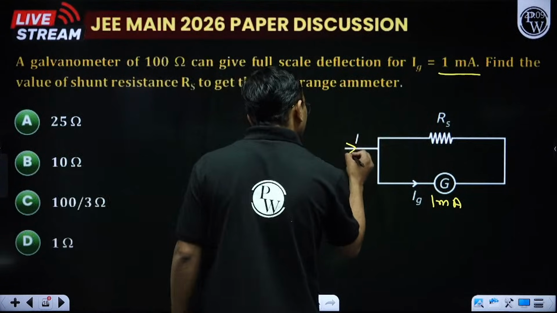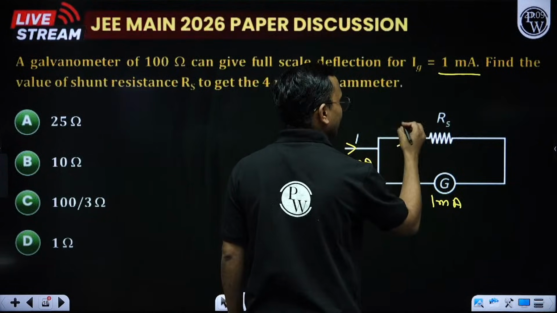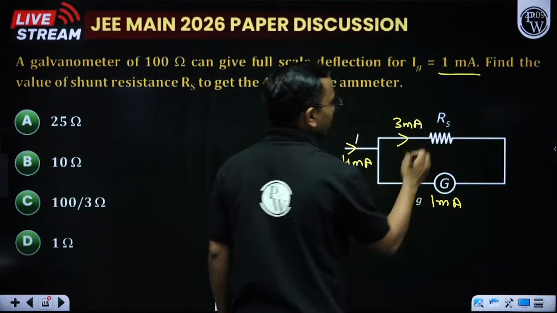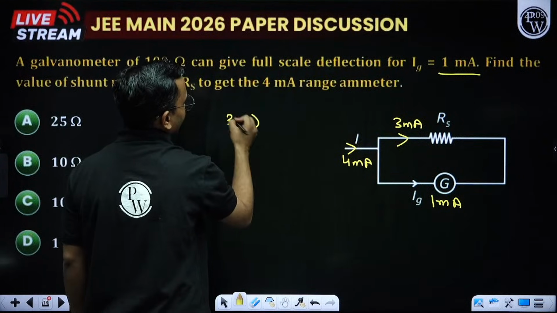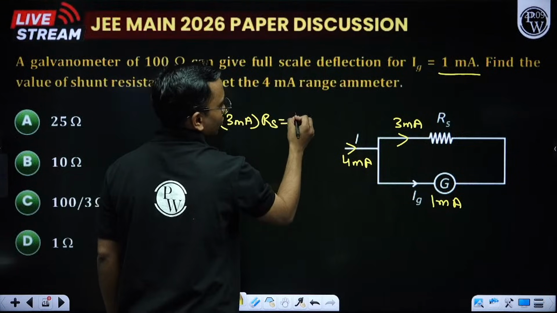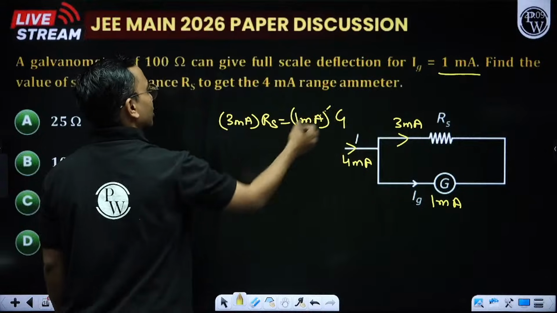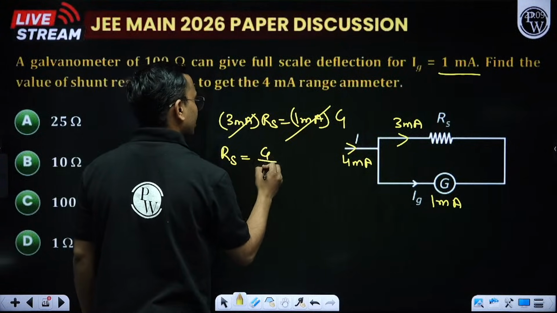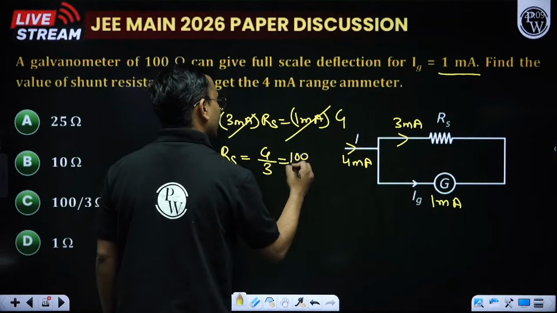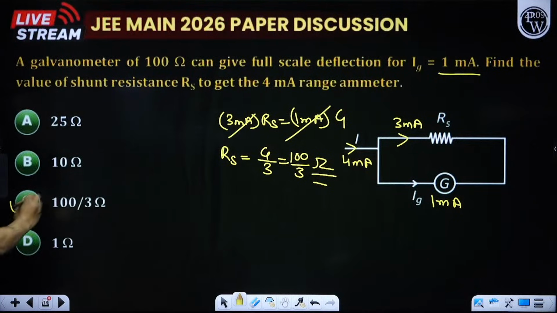Now 4 milliampere is coming, 1 milliampere passes here and 3 milliampere passes here. Both have the same potential, so 3 milliampere into RS equals 1 milliampere into the galvanometer resistance. Milliampere unit cancelled. My RS comes out to be the galvanometer resistance divided by 3, which is 100 by 3 ohm. That is option C.